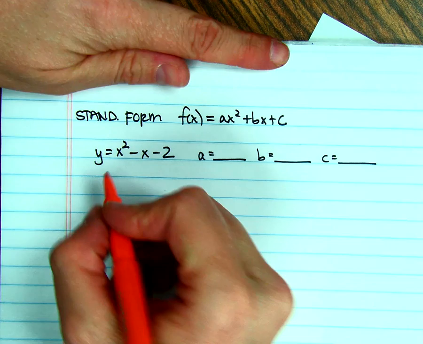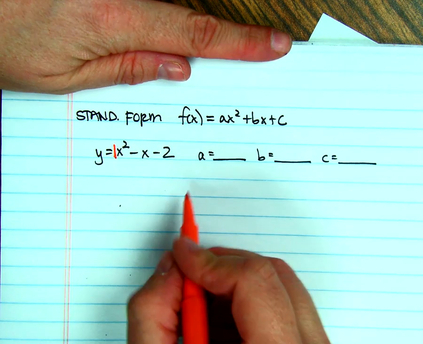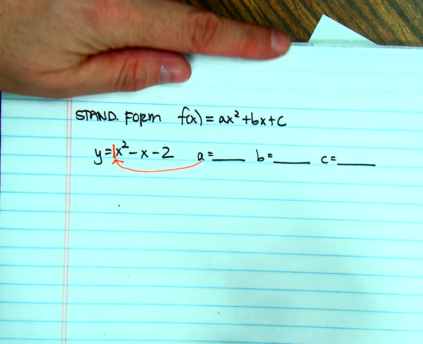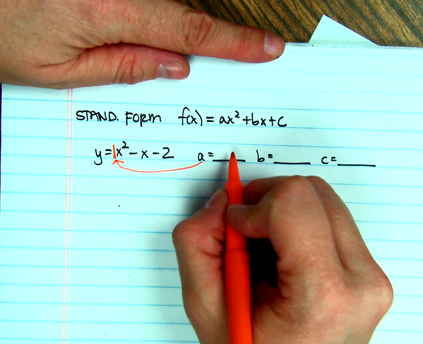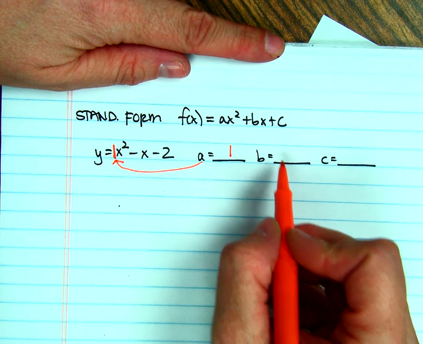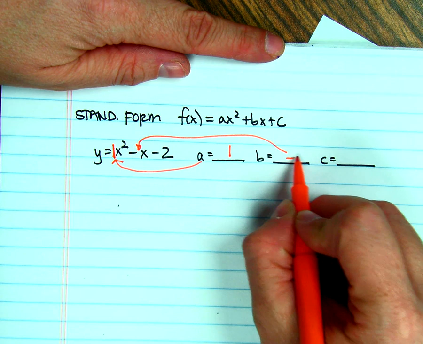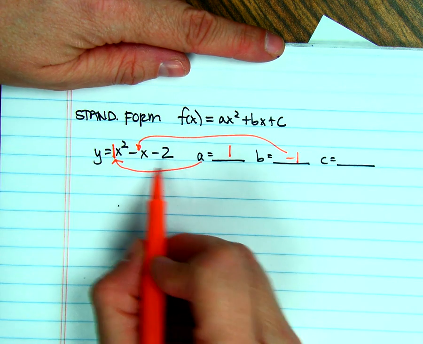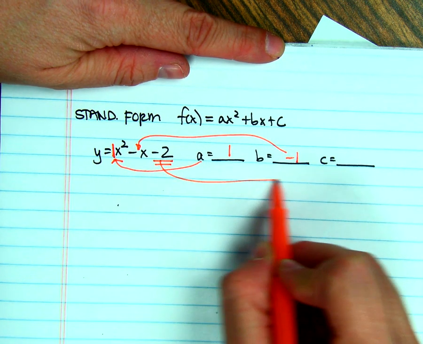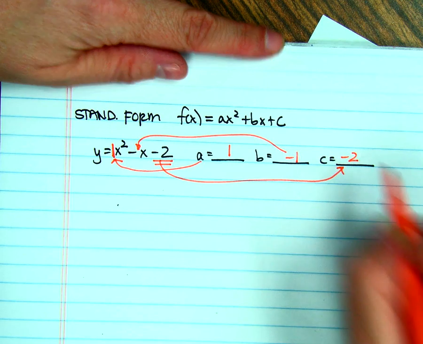The A is always in front of the squared or the quadratic term. So A here is an understood 1. B is always in front of the x, so that is a negative 1. And the C is the number that tails at the end. So that is a negative 2.